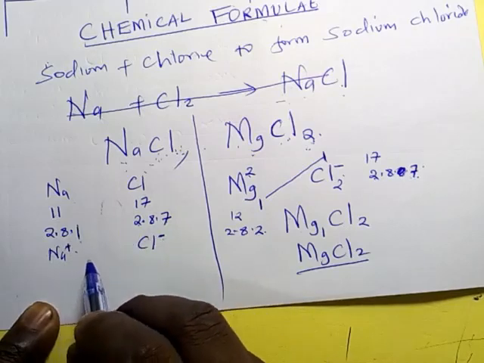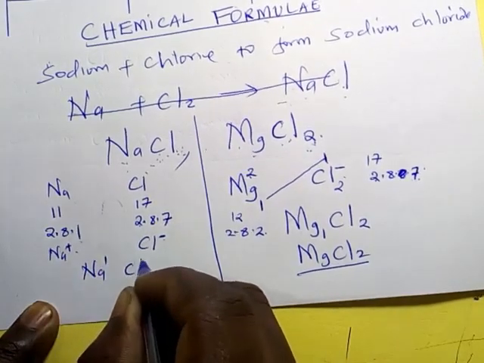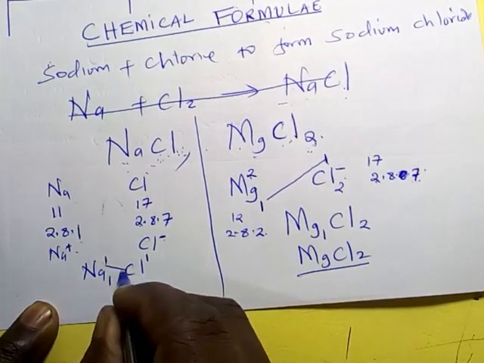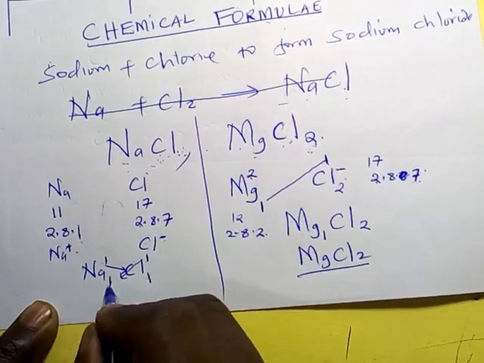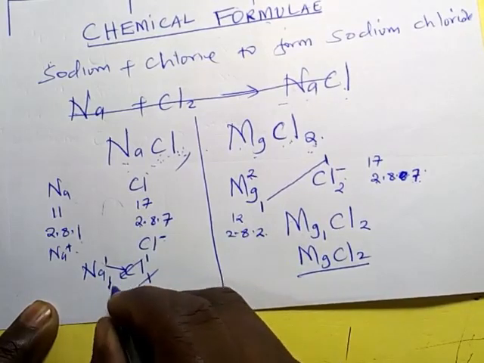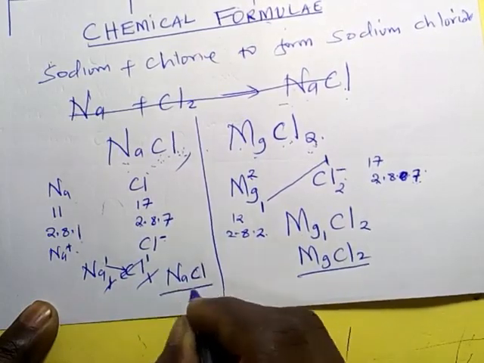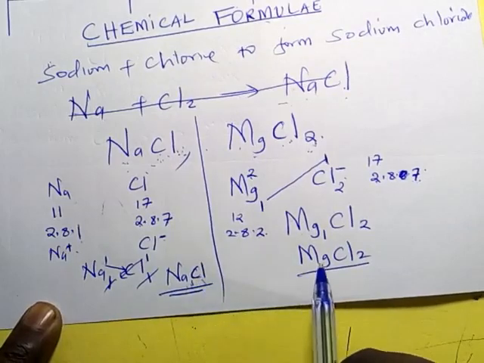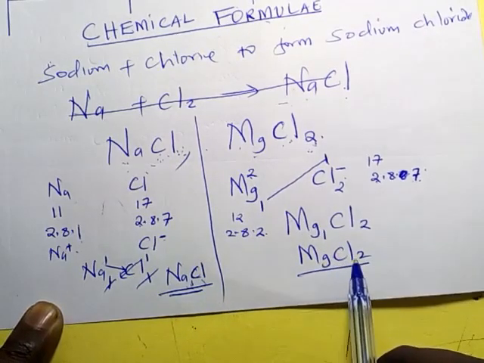So sodium, valence 1, chlorine, valence 1. They interchange, so 1, 1 cancels out. Therefore, sodium chloride. This is the chemical formula of sodium chloride, and this is the chemical formula of magnesium chloride.